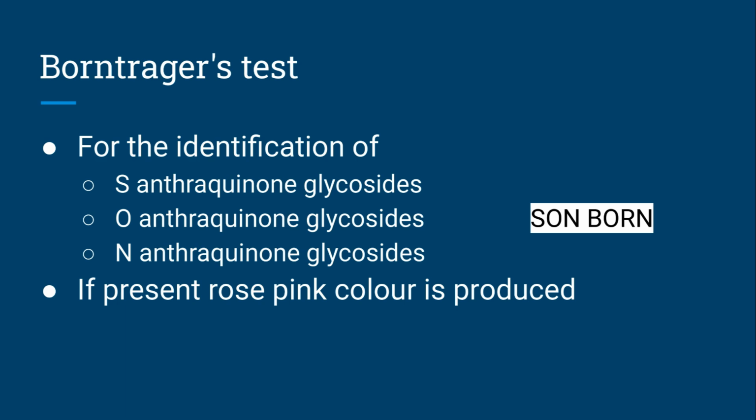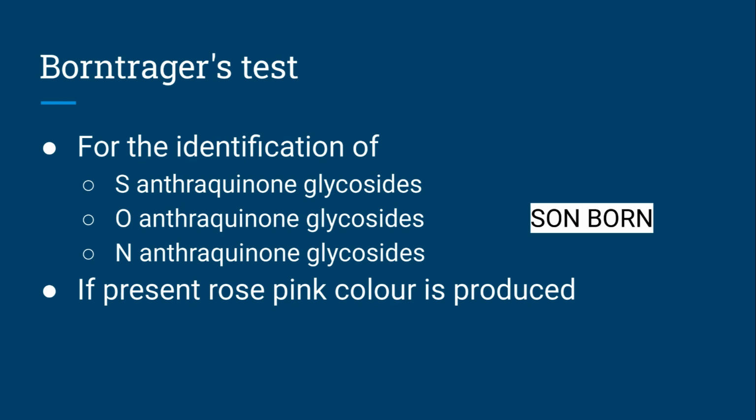Borntrager's test can be used for the identification of S-anthraquinone glycosides, O-anthraquinone glycosides and N-anthraquinone glycosides. For the ease of remembering, take the word sun. S glycosides, O glycosides, N glycosides.